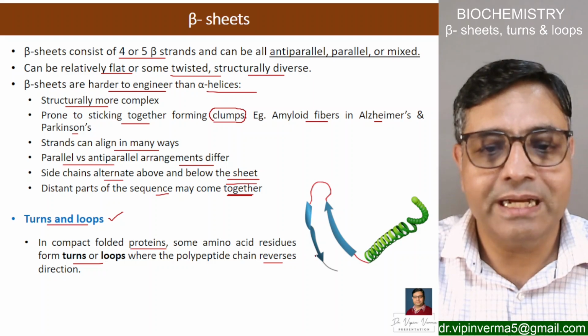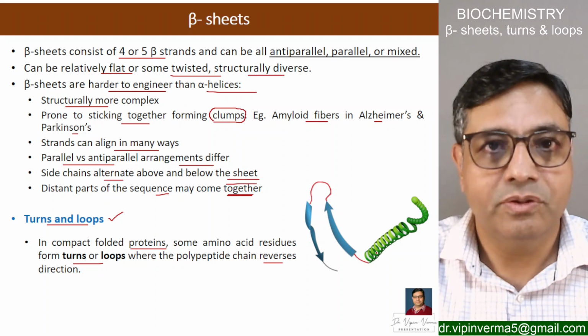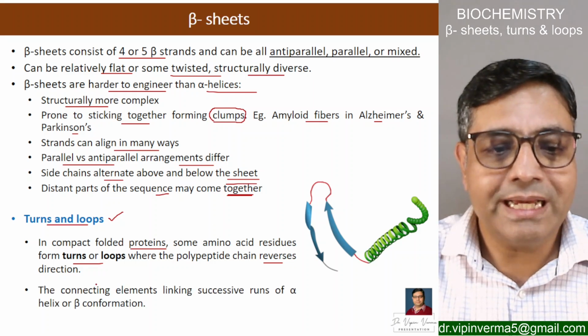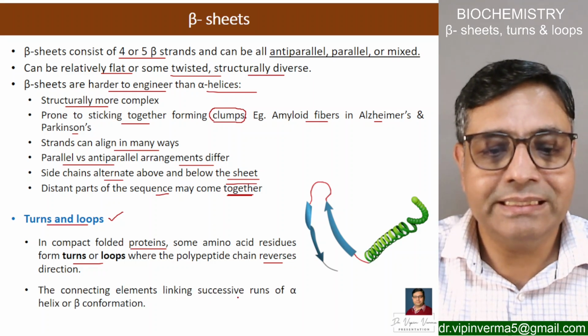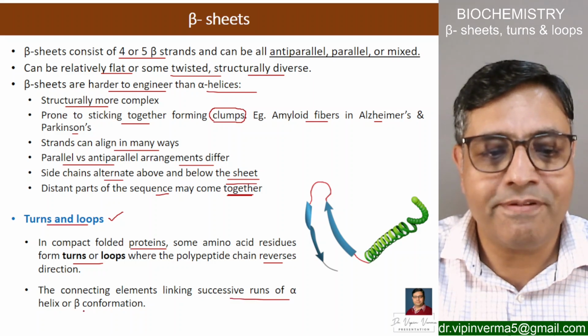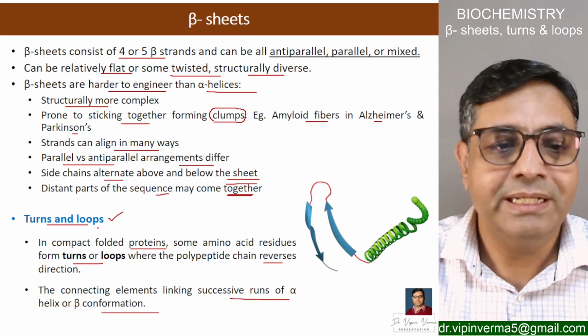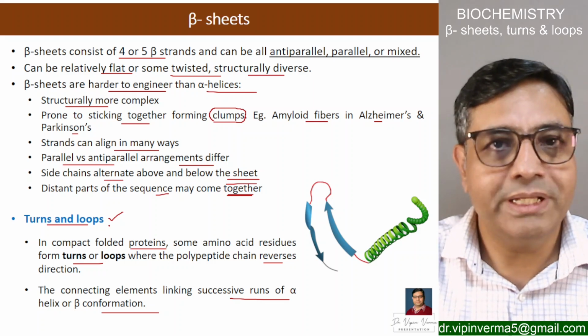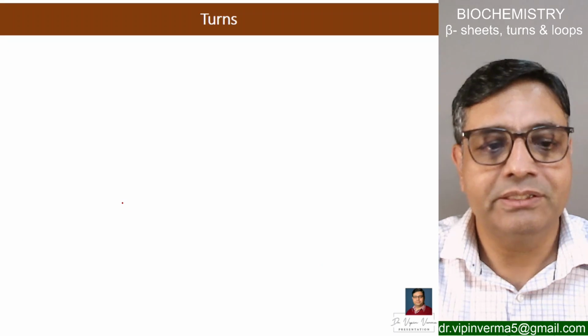So basically they are the flexible linkers, okay, between the structures here. So the connecting elements linking successive runs of alpha helix or beta conformation, they are the turns and loops, right? So they are also very important structures.